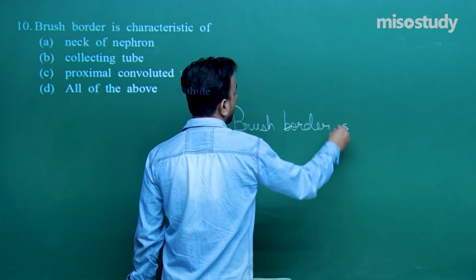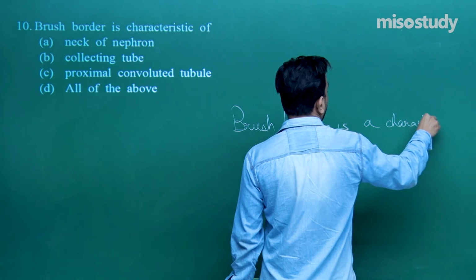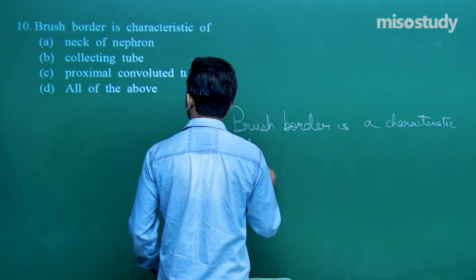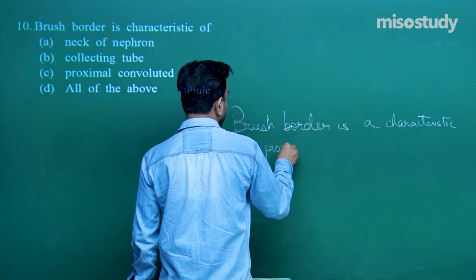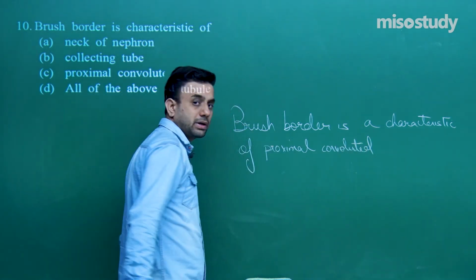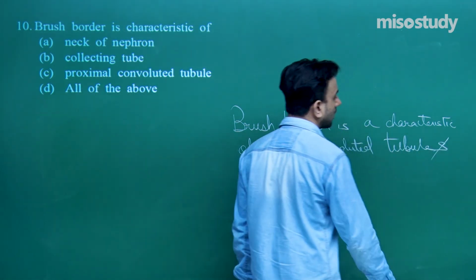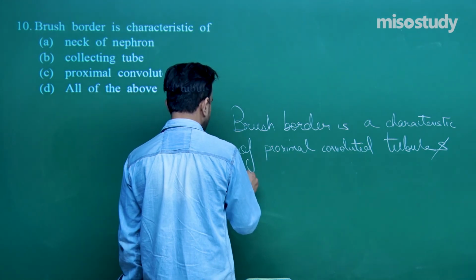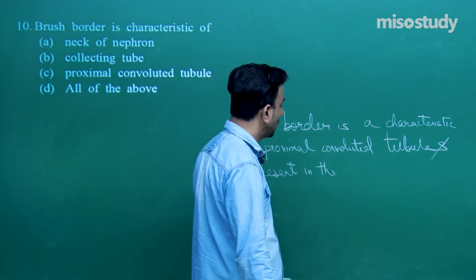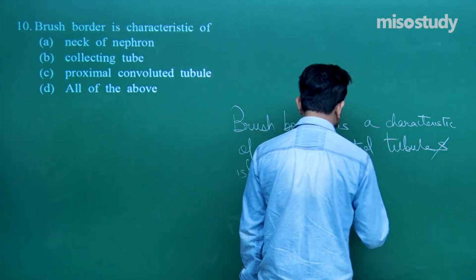Brush border is a characteristic of the proximal convoluted tubule and is present in the columnar cells.